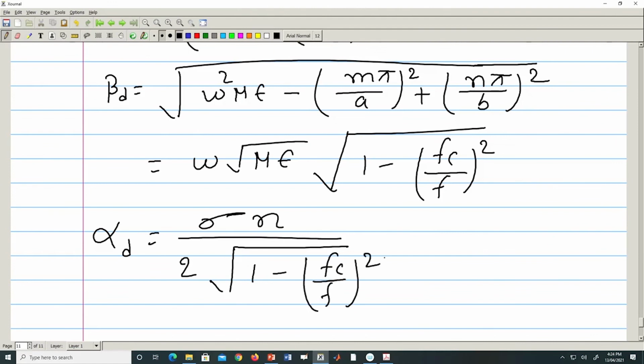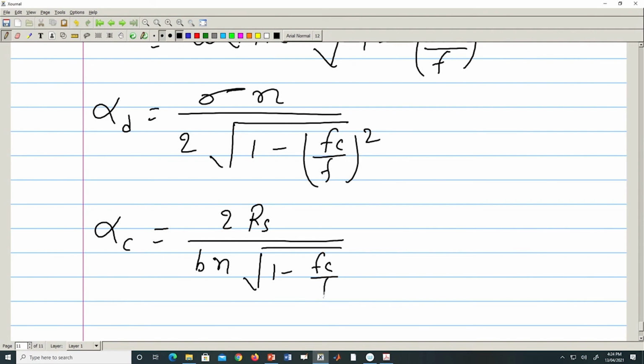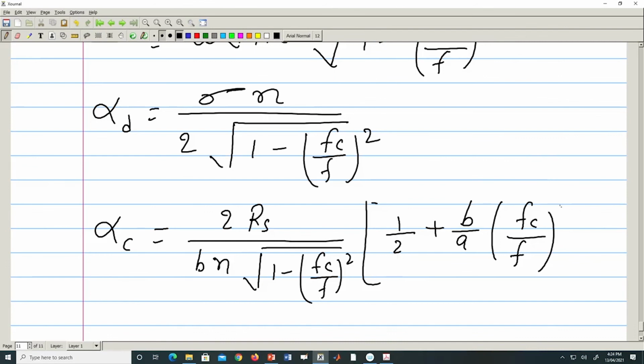So, from this we will get alpha d, and for alpha c I am not deriving it. The alpha c expression is 2 R s divided by b eta square root of 1 minus (f c upon f) whole square, into (1 by 2 plus b by a into (f c upon f) whole square).